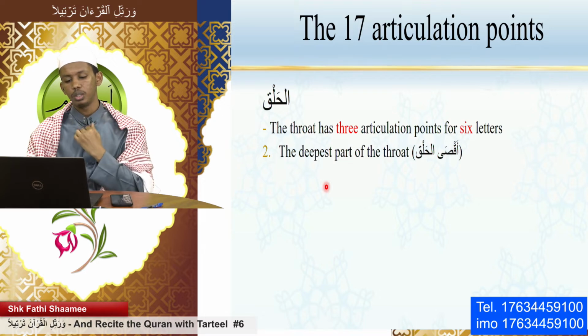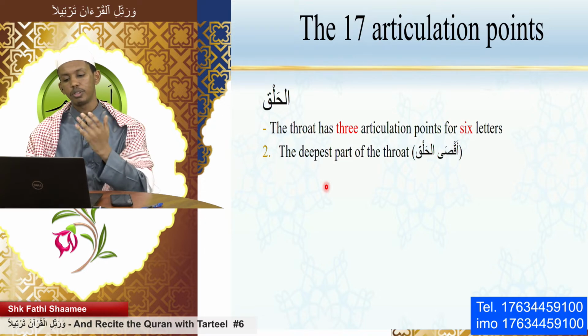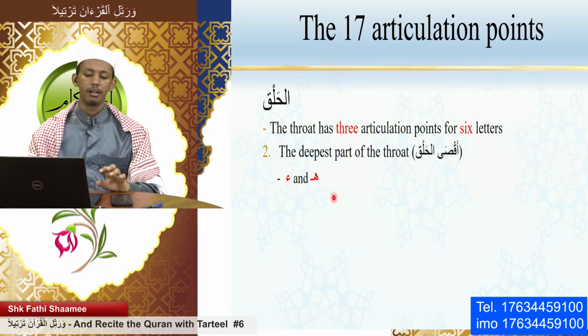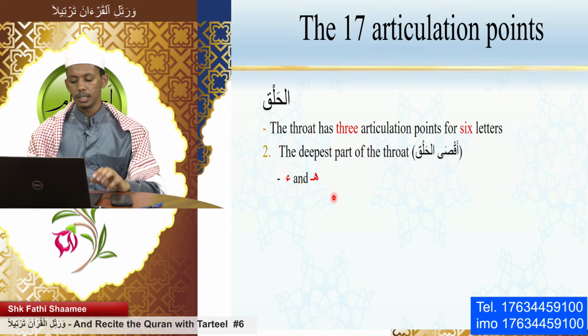So the furthest point of the throat away from your mouth is aqsa al-khalq. And from here we have the letters hamza and ha, right? That comes from the deepest part of the throat. And when I say that, that's also from the deepest part of the throat.